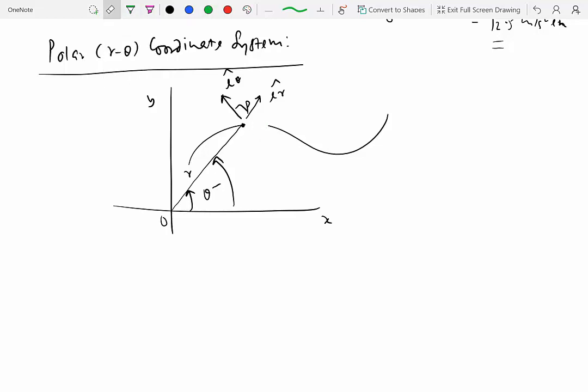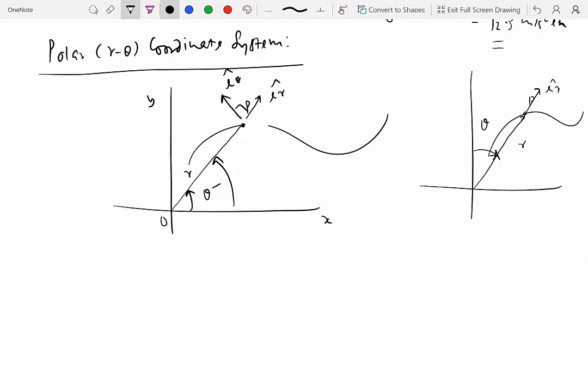On the other hand, let's say I draw the same path over here, and here's my particle P, moving away from the origin, so that's my er hat and that's my r. If I pick my theta to be going this way, with my reference axis being y, and you might see that in some problems, then e theta hat points this way, because that's the direction that theta is increasing.